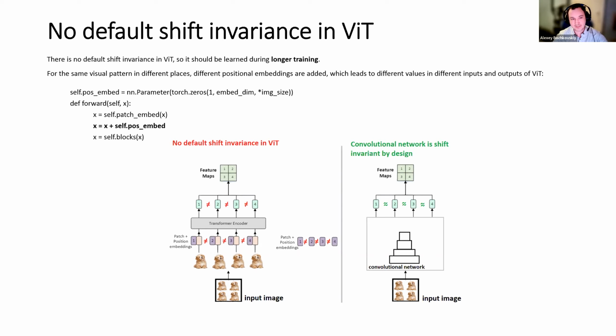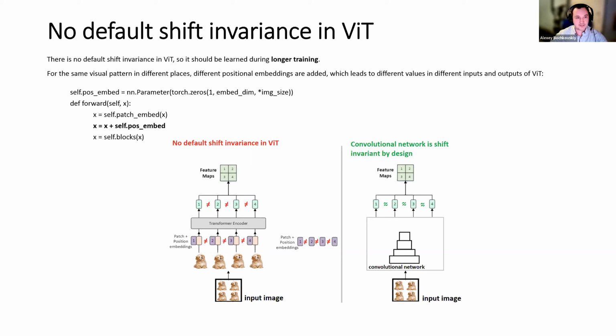The signal will be shifted in the output, but it will be the same value. While in ViT, even if we use ViT B16 with stride 16, if you try to move the object by 16 pixels, it will generate output in a different position, but also a different output value, because another position embedding will be applied, and even the input will already be different.